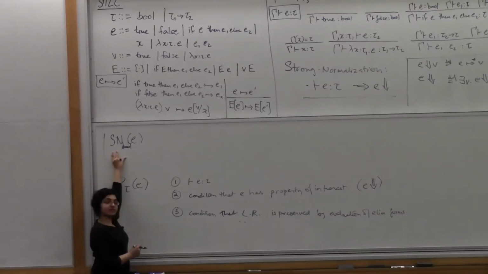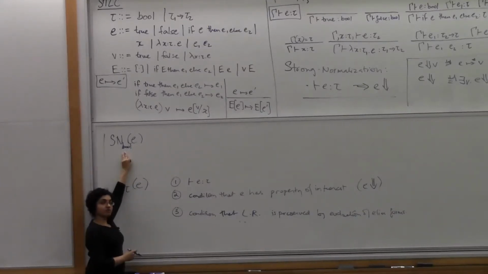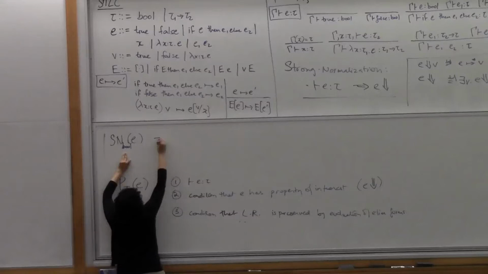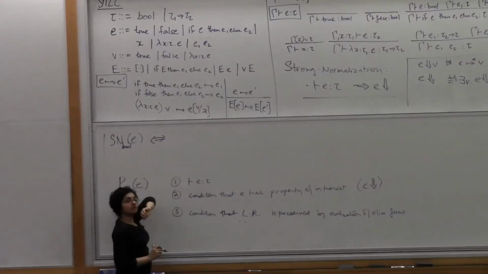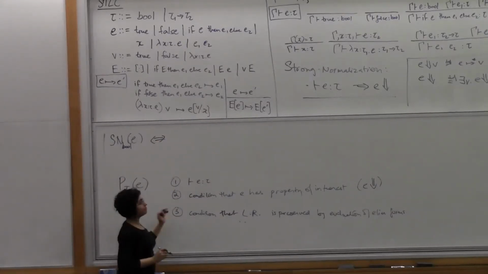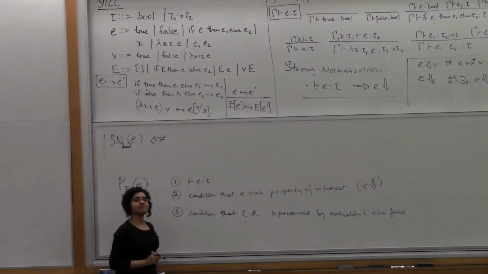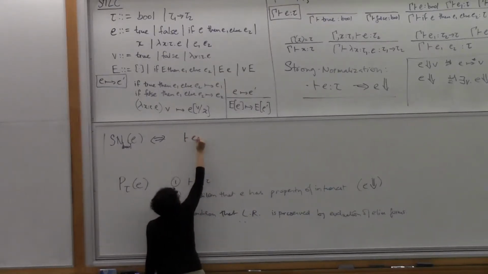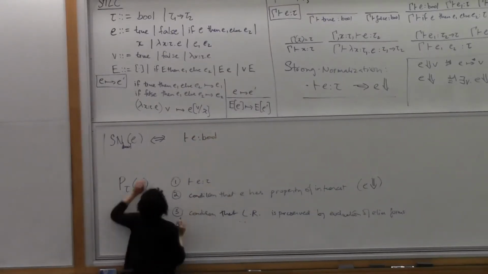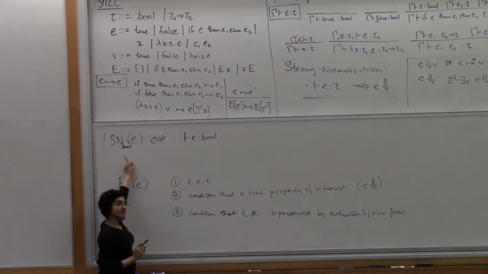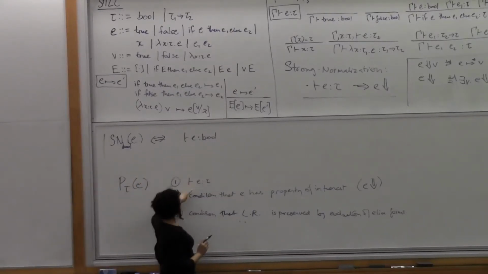All right, so we want to build this. I have an expression. I want to say that this expression at type bool is strongly normalizing. So let's build it with all of these conditions. So we're going to say that E must have type bool. So E is strongly normalizing at type bool. If E has type bool, that's condition one.